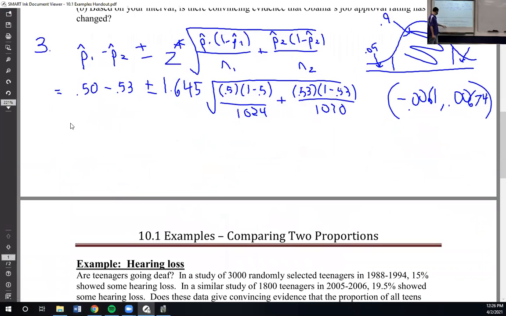And so, step 4 is interpret. And again, this sentence really hasn't changed from when we first wrote it.